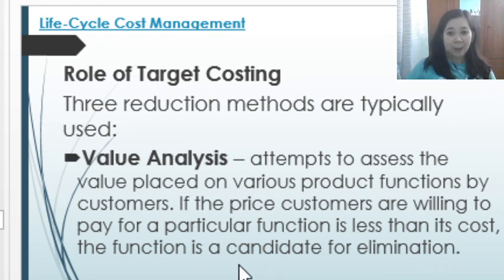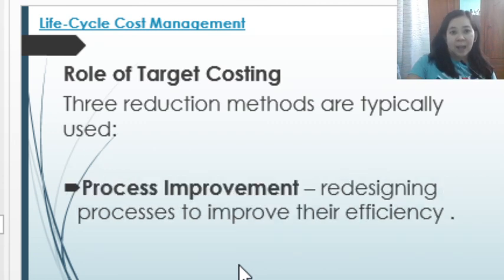Of course, the entity should also see to it that the value being received by the customers is equal to or exceeds the cost that they sacrifice for purchasing the product.